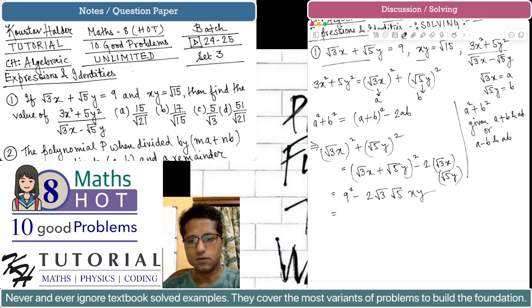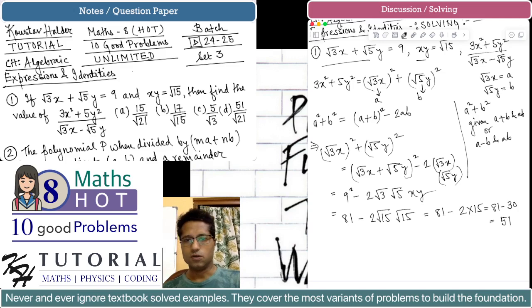Now this is equal to 81 minus 2 into root 3 into root 5, which is root 15, and xy is given as root 15. So this becomes 81 minus 2 into 15, which is 81 minus 30, equal to 51.